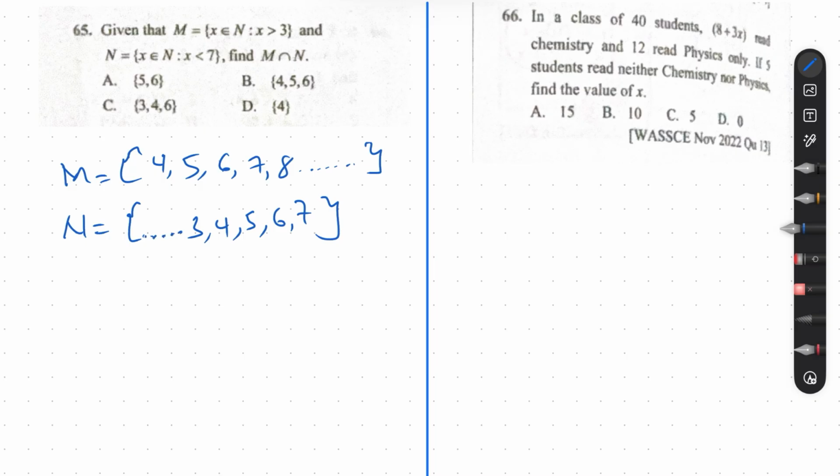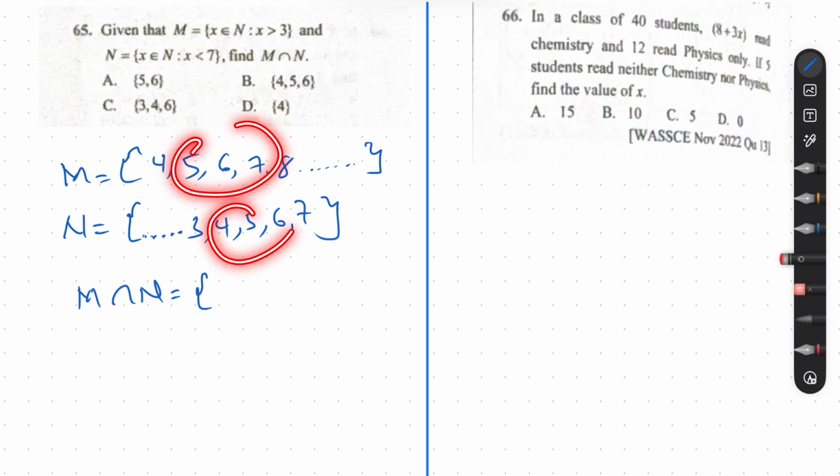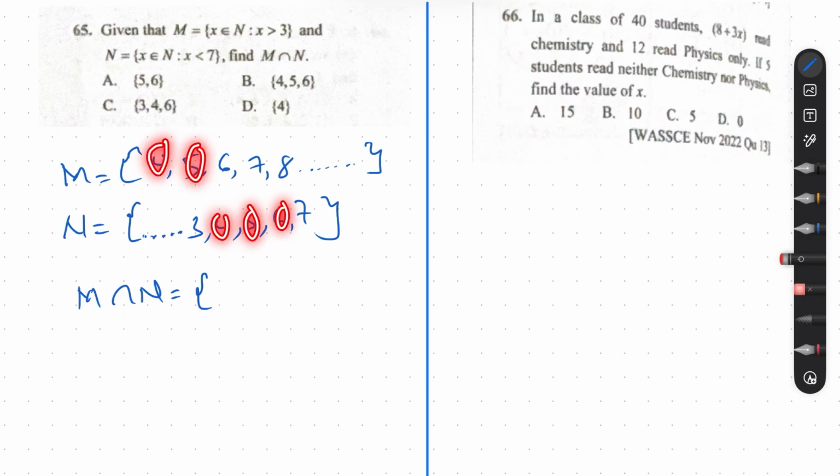Now the question says to find M intersection N. So what elements are common to M and N? Which elements are common to this and this? We have 4 here, 4 here, 5 here, 5 here, 6 here, 6 here, 7 here, 7 here.